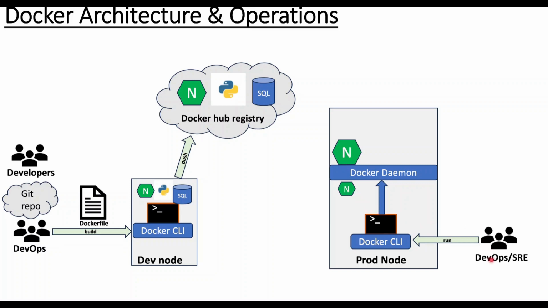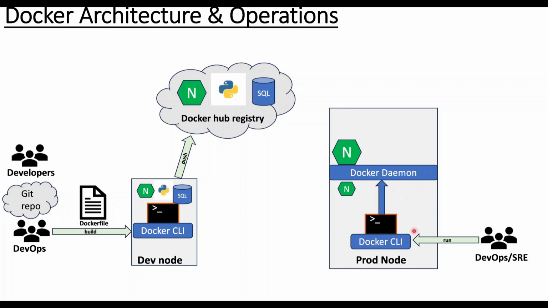Let's say the first time the DevOps or SRE team executed the Docker run command followed by the image name, which is Nginx, this image was locally stored, and that's why the Docker daemon was able to find it and create the containers. And this image we had pulled before running the Docker run operation by using the Docker pull operation.